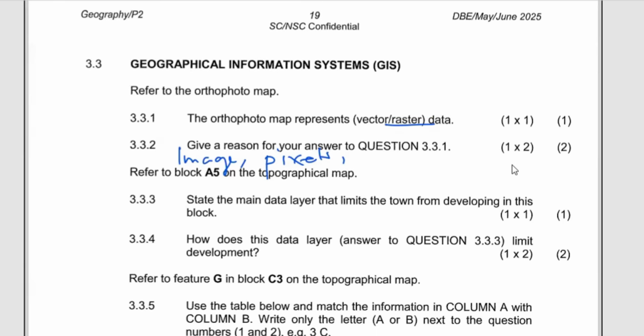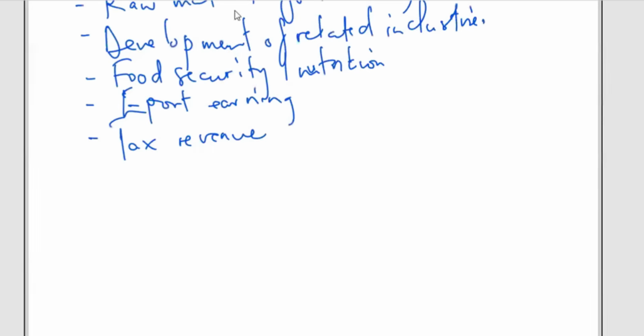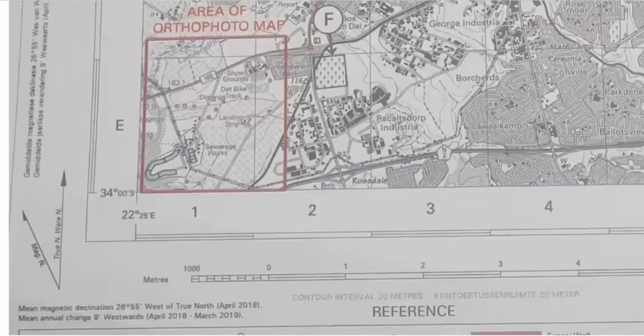Right, refer to A5 on the topographical map. State the main data layer that limits the town from developing in this block. We want to check the area and try to find out what data layer limits the town from developing.